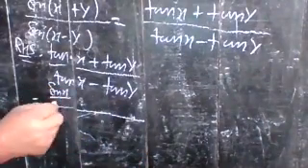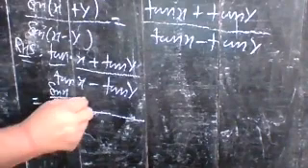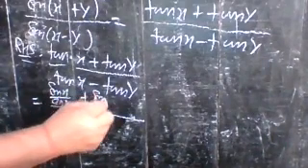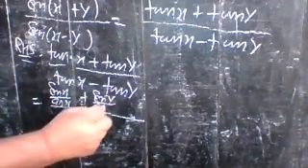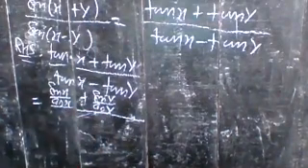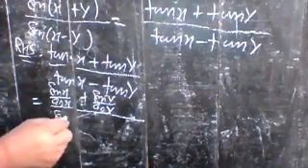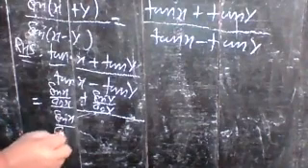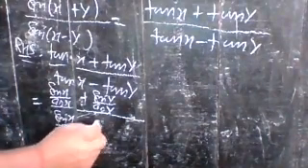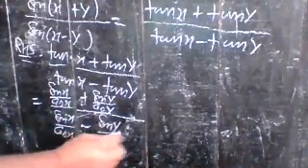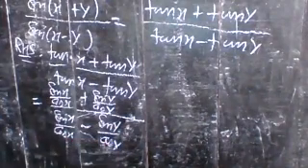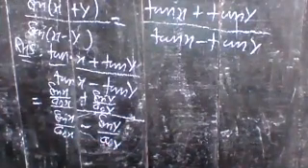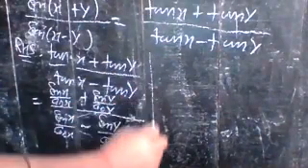Sine x upon cos x plus sine y upon cos y, upon sine x upon cos x minus sine y upon cos y. Now taking LCM, and see what you have.